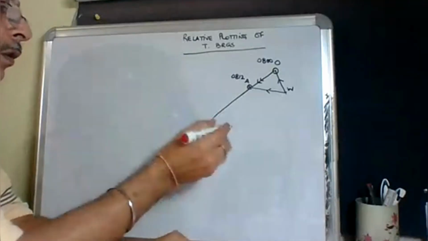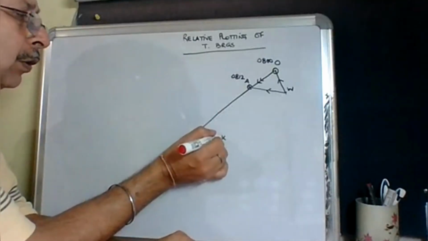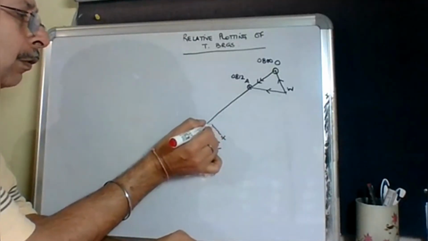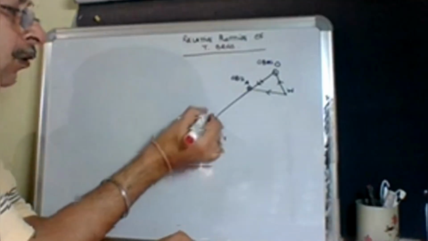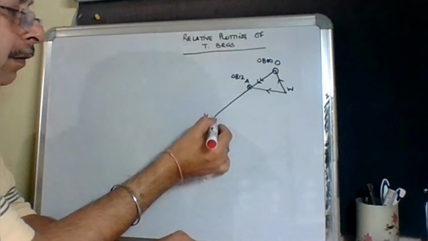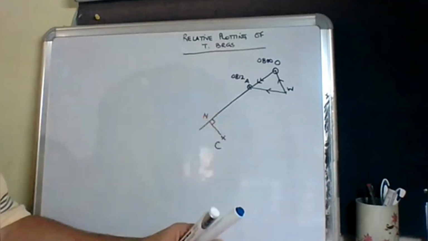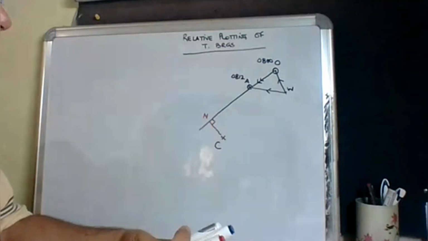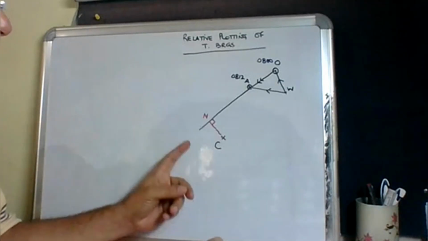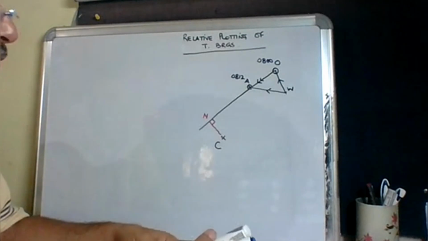So draw a perpendicular from Charlie. Call that point as N. So CN is your CPA basically.